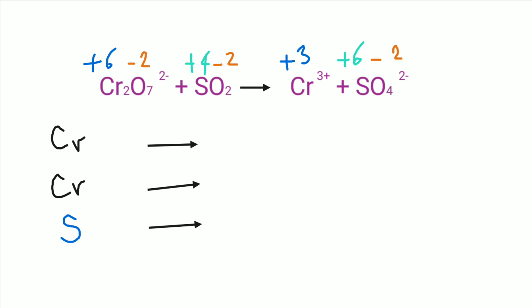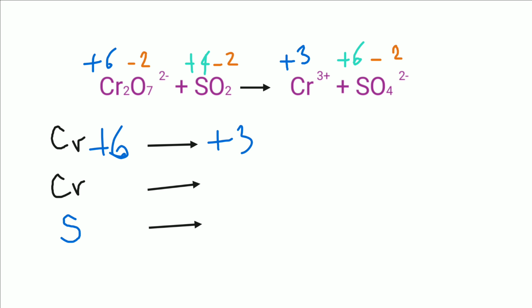Now in the case of chromium, the oxidation number initially was plus 6. From plus 6 it has changed to plus 3.